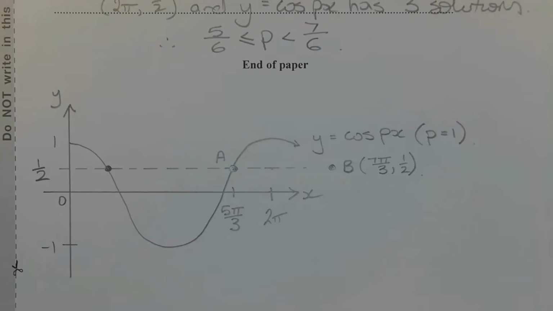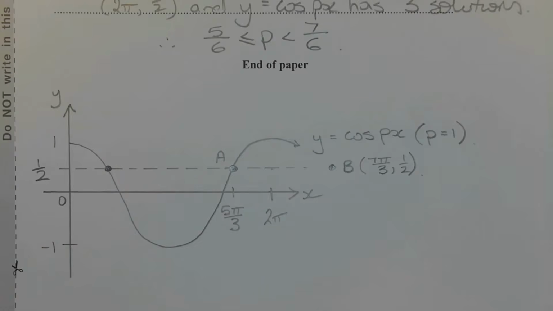Now if we make p greater than 1, points A and B, so B lies beyond x equals 2 pi at this point, and also this point here, will move to the left. Now we want point B to get close to 2 pi, but we can't have point B landing on 2 pi because then we'll have three solutions.